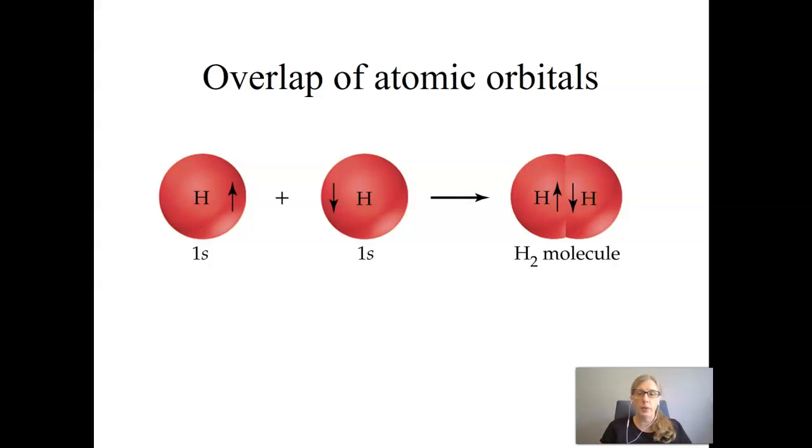If we can visualize a spherical 1s orbital, which contains one electron in an unbonded hydrogen atom, when those two hydrogen atoms bond to create a diatomic hydrogen molecule, those 1s orbitals are going to overlap, and the electron pair is going to reside mostly in between the two nuclei of those atoms in terms of our probability of finding those electrons. So it's as if those spherical 1s orbitals overlapped to create the bond.